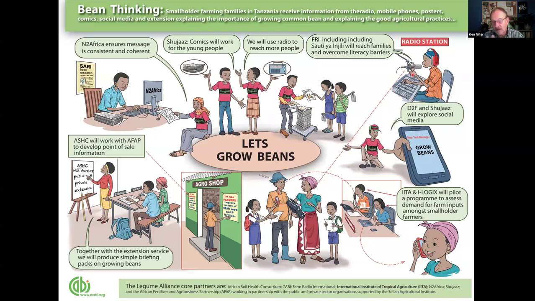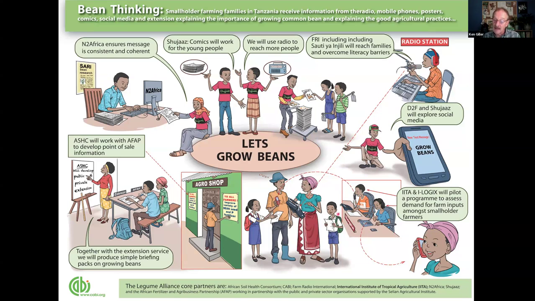Now, this project led us in many, many directions. Here we are with our knowledge, but then working with Shujaa Comics, working with Farm Radio International, putting out messages that farmers were actually then asked to send back text messages to Farm Radio International to their hub in Arusha if they actually had questions or things that they wanted to raise. That allowed then surveys of follow-up with thousands of farmers where we could identify what were the needs of farmers in the field.